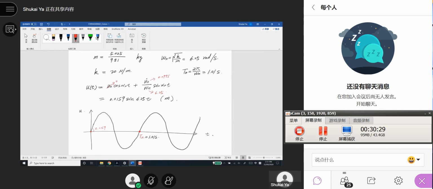And the magnitude is 0.0159. Okay, that's all. Any problem?